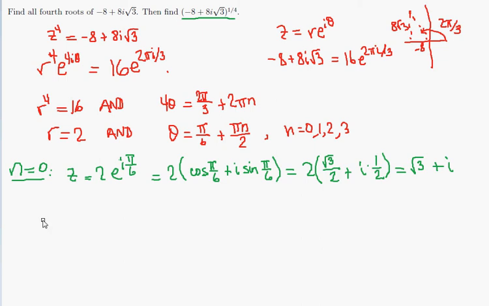Okay, now let's get the other cases. n equals 1. Pi over 6 plus pi over 2 gives me 2 pi over 3. So z would be equal to 2 times the cosine of 2 pi over 3 plus i sine 2 pi over 3.